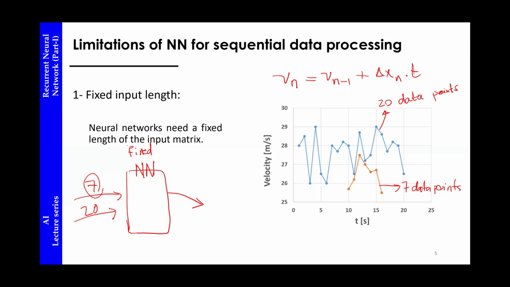The same issue we have for convolutional neural networks. Convolutional neural networks also need a fixed length of the input. You see, with a fixed architecture of the neural network, we cannot receive data points with different lengths. It is the first challenge that fully connected neural networks have in processing sequential data.